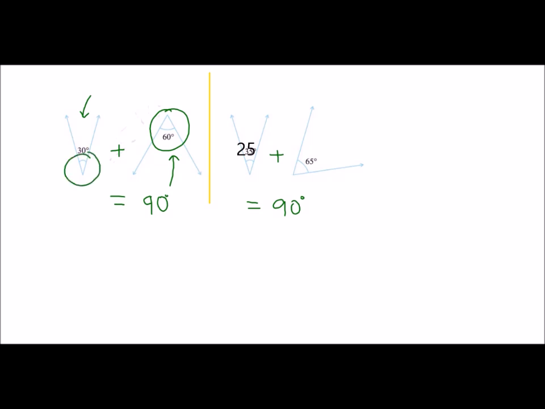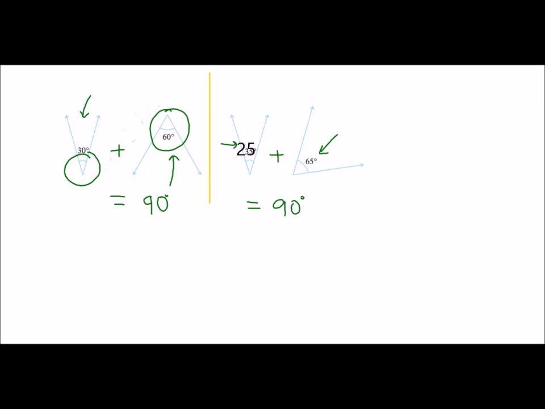So each of the angles in a given pair of complementary angles will be complement to the other one. Here also this angle is complement of 65 degree, or we can say 65 degree is complement of this angle. So to find complement of any given angle, we have to subtract that angle from 90 degree.